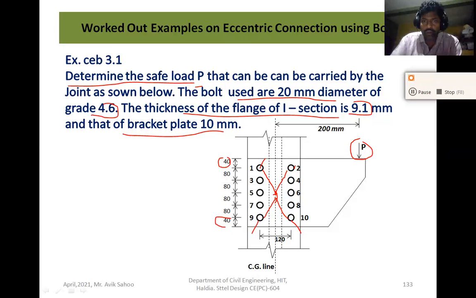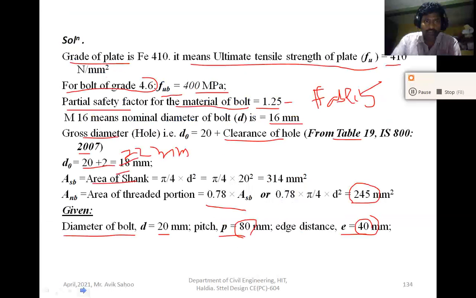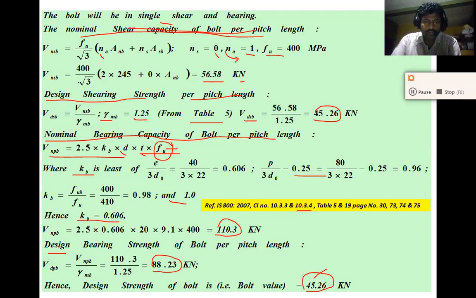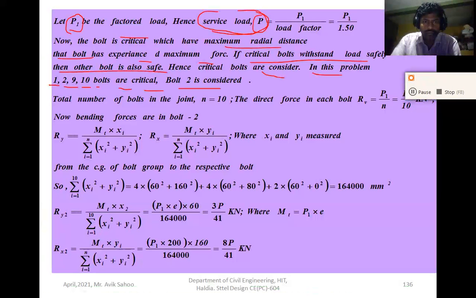So we consider bolt 2. You understand that we consider bolt 2. You may consider any one of 1, 2, 9, 10. The total number of bolts in the joint is how many? 10 bolts are used.